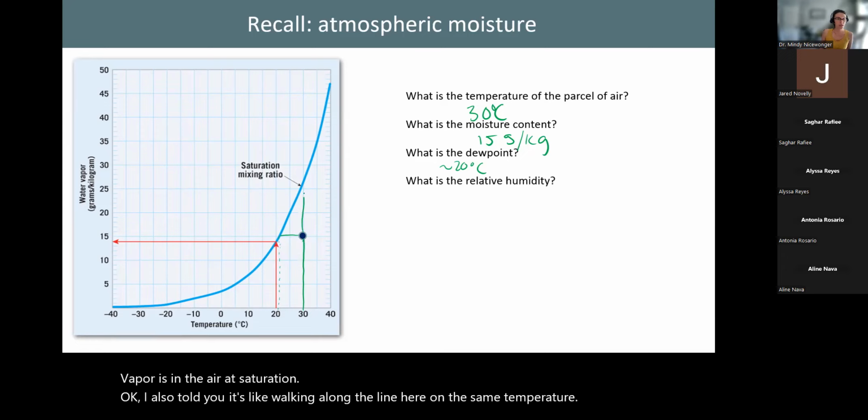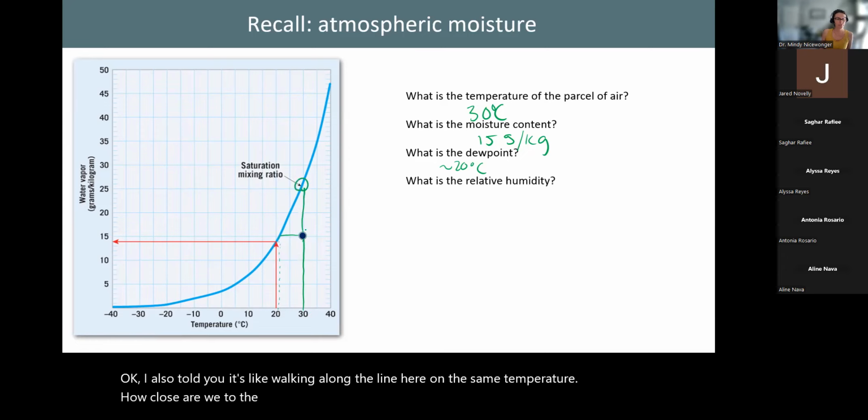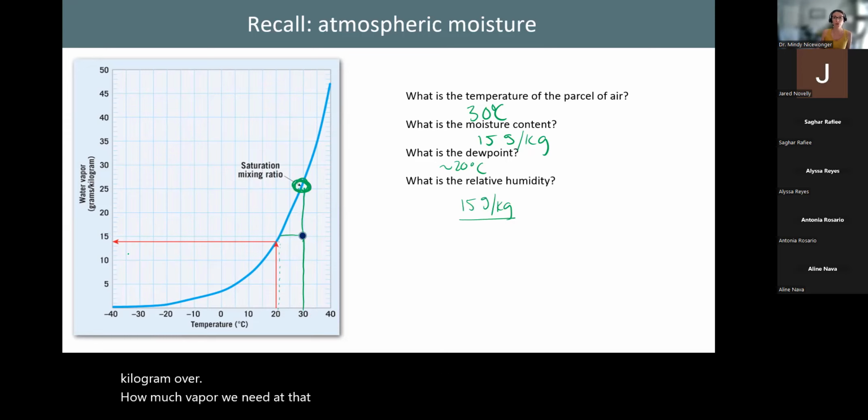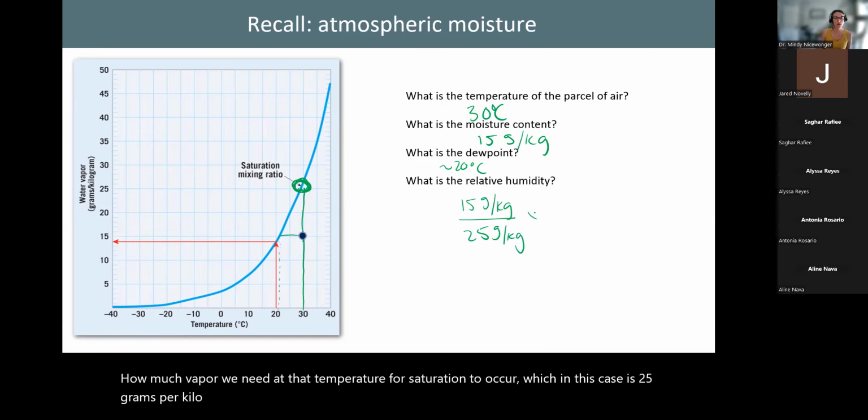How close are we to the blue line? So the actual equation would be 15 grams per kilogram over how much vapor we need at that temperature for saturation to occur, which in this case is 25 grams per kilogram. That whole thing multiplied by 100%. And in this case, it is 60%.